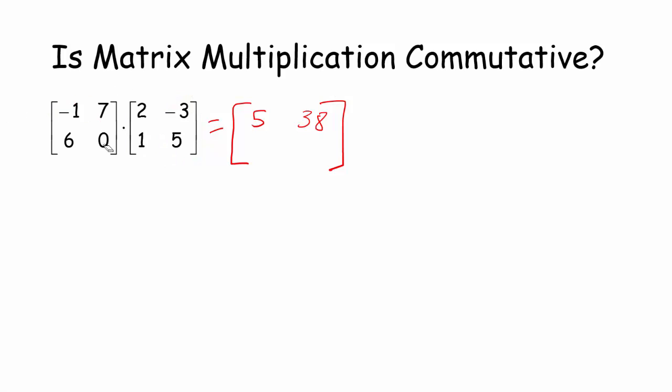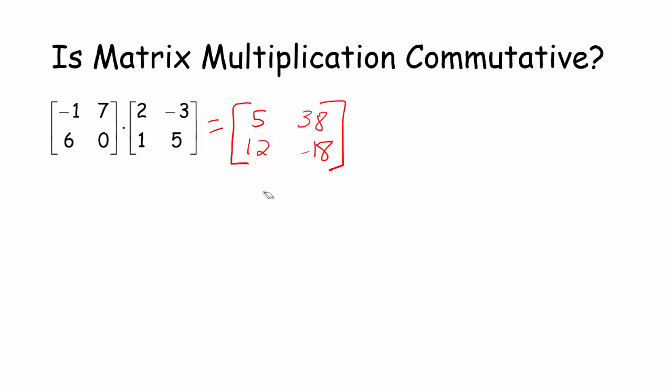Then we're going to switch over here and start using the second row. Do the second row in the first column: 6 times 2 plus 0 times 1. That's 12. And now we'll do the second row and the second column to finish the multiplication. Negative 18 plus 0 is negative 18. So that's what we get when we multiply these two matrices together in that order: 5, 12, 38, negative 18.